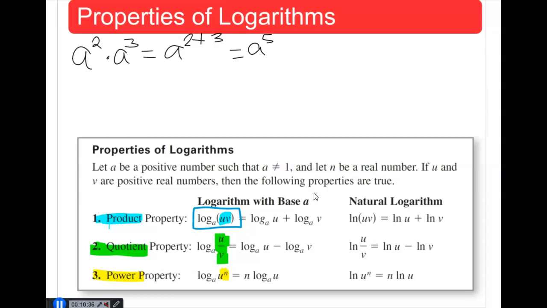Now, that concept of multiplying and then adding the exponents, it kind of translates into logarithmic properties. Remember how we discussed that exponentials and logarithms are inverses of each other.